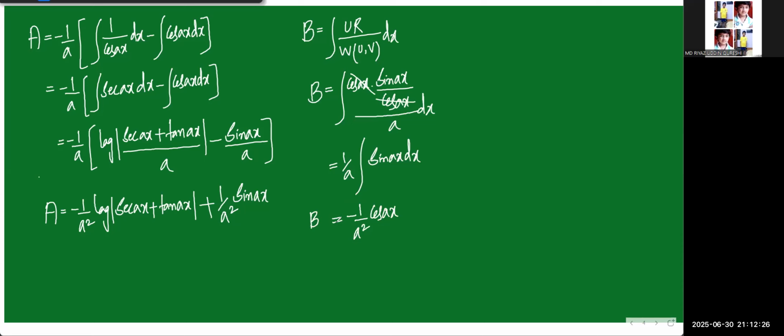There is no need to write it in the box, it will become long. So after getting the a value and b value, what is our yp clearly? yp is a into u of x plus b into v of x.